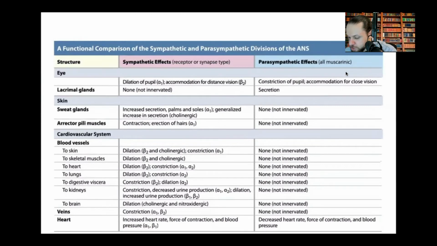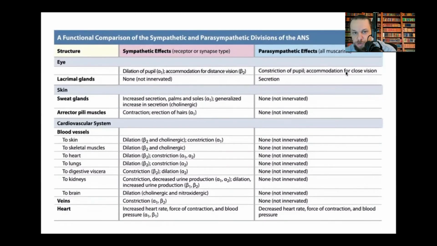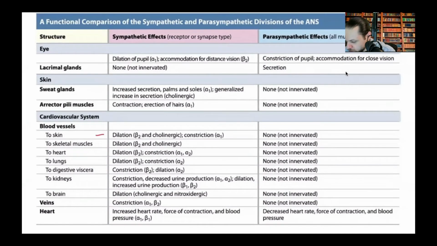Here, I'm going to show you the normal response, meaning what your normal body response is to sympathetic stimulation and what is going to happen. So here we see sympathetic effects. Skin, beta-2, we have some dilation, skeletal muscles, dilation. That's why in uterine contractions in labor, we will give a medication, ritodrine, a beta-2 agonist.